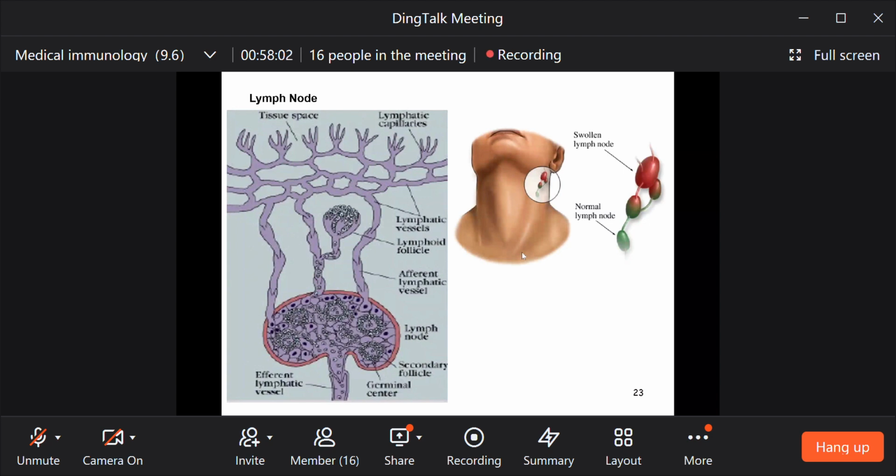Lymph nodes are found in places such as the neck, the armpit, and the groin. Swelling or inflammation of those nodes is usually in response to an infection in one of the areas that is drained by the lymph nodes.